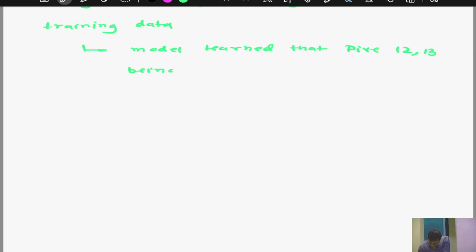So the model learned that if pixel 12, 13 is black, it is 9, else it is not a 9.